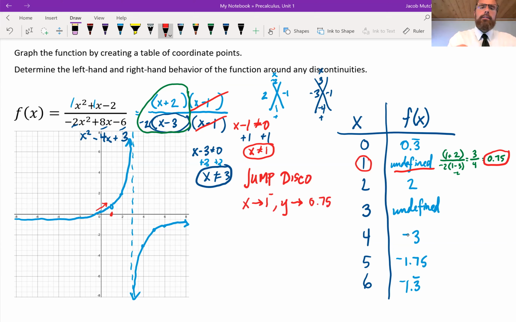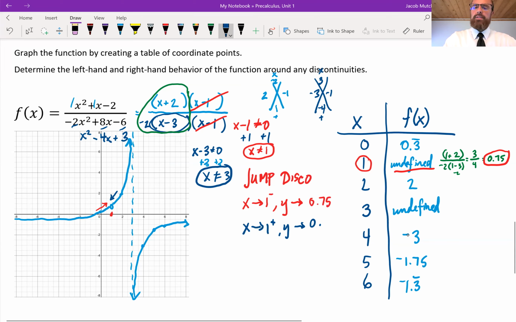Okay, let's calculate also from the right-hand side. So that's approaching positive 1 from the right. So we'll write that as x approaches positive 1 from the right-hand side, y approaches also 0.75. Good. Notice they're approaching the same y value. And that, remember, that's the way we defined a jump discontinuity. Good.